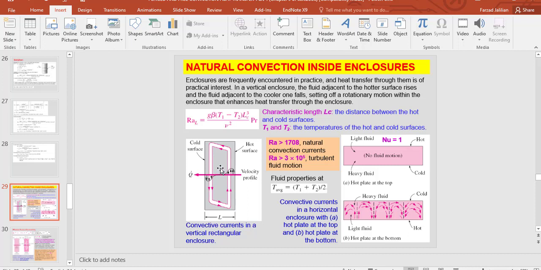Actually, it depends on some characteristics of the enclosure: its geometry and its orientation. As you know, if this is a vertical enclosure, the gravitational acceleration, or gravity force, is in this direction.